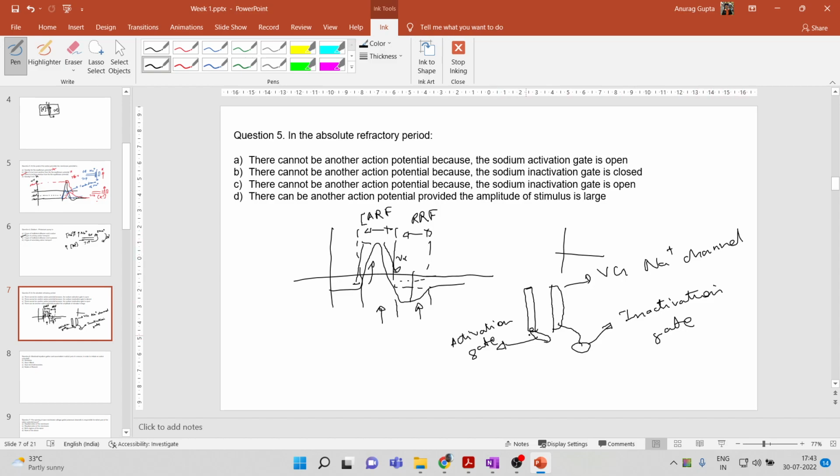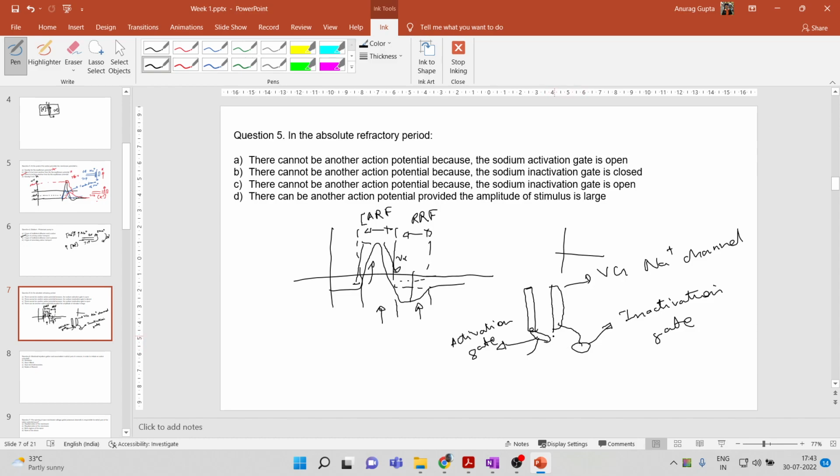Now, once the threshold of minus 55 millivolts is reached, if a stimulus is large enough to make the membrane potential reach the minus 55 millivolt mark, then the activation gate is triggered and opens rapidly, whereas the inactivation gate starts to close slowly.